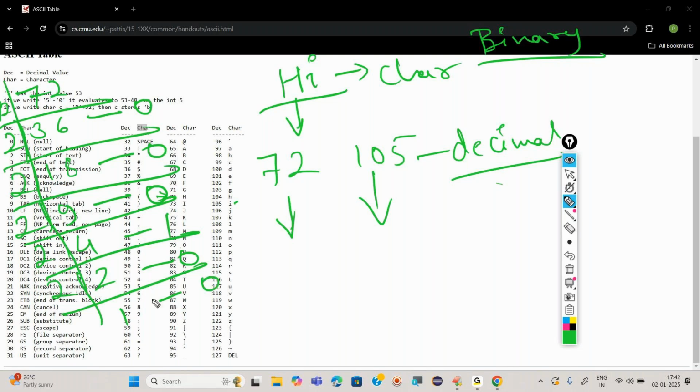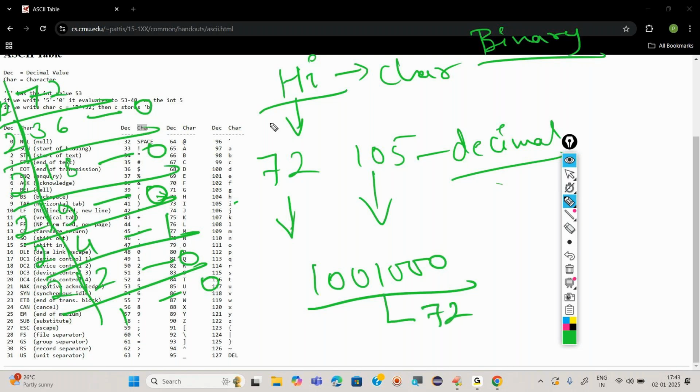If you want to check this, I'll show you that also. 1 0 0 1 0 0 0, with 3 zeros at the end. It is something like this, and this is the binary of 72.